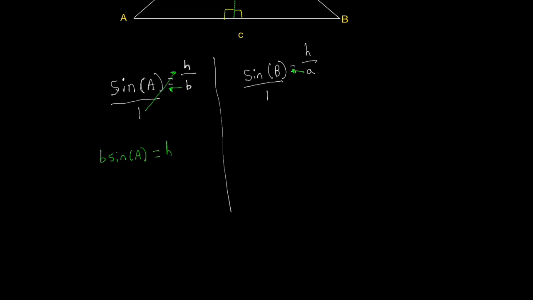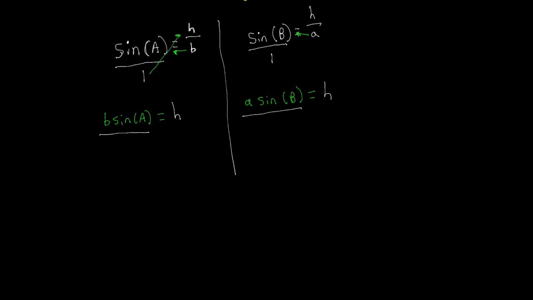So we can do A times sine of B, and that's going to equal 1 times H, which is just H. Now notice that on the left hand side, H equals B sine of A. On this right hand side, H equals A sine of B. So if H equals this and H equals that, that means that these two things have to equal each other. So we can claim that B sine of A is equal to A sine of B.